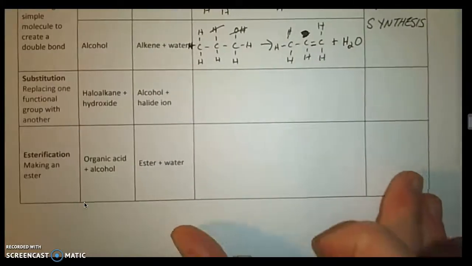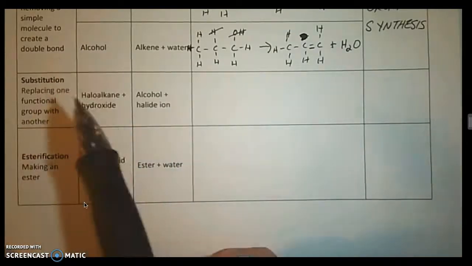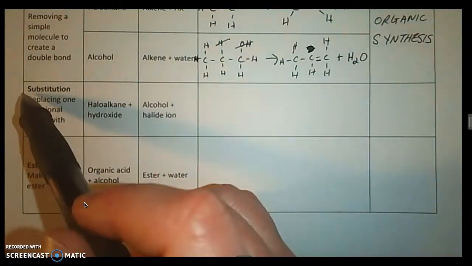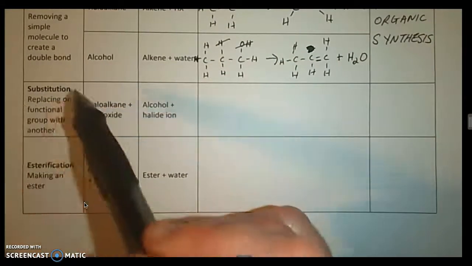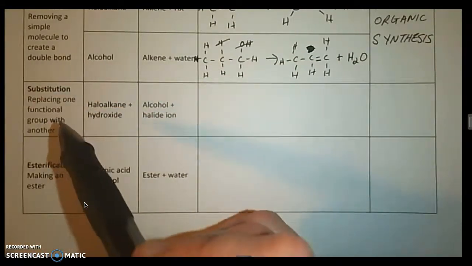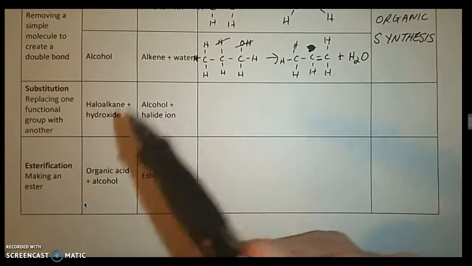Two more types of reactions to go over. The next one is a substitution reaction. Similar to the previous examples, what's going on is described by the name of the reaction. A substitution means you're doing a replacement. You're substituting one thing on your organic compound for a different thing.